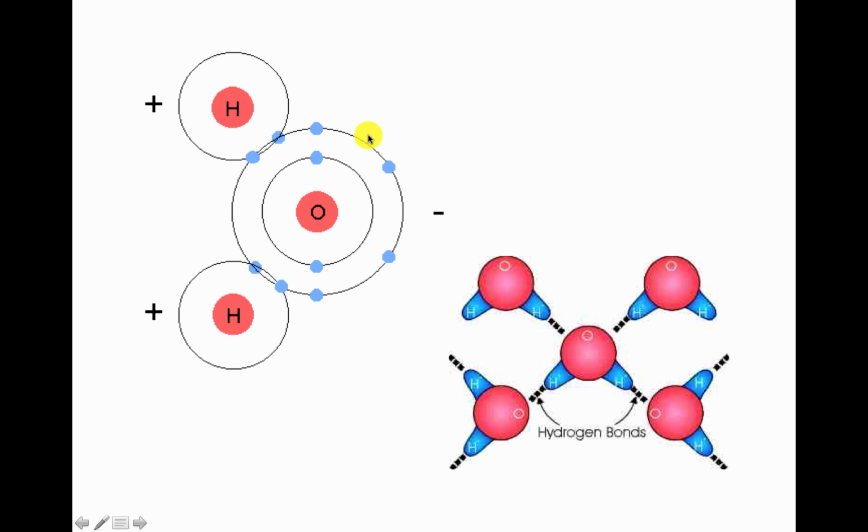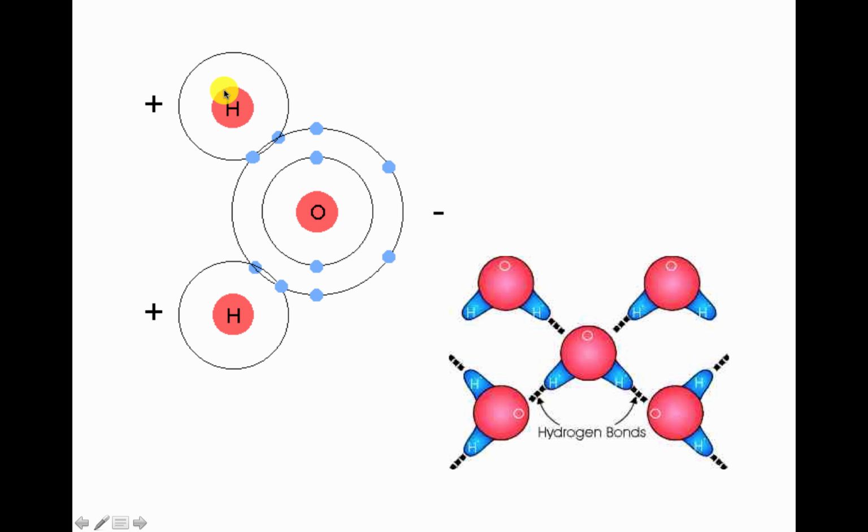And look at all the blue electrons along the outer edge. Electrons are negative. If the electrons are negative and you see a lot of them on this side, that means they're spending a lot of time over here. Thus, the oxygen end is actually slightly negatively charged.